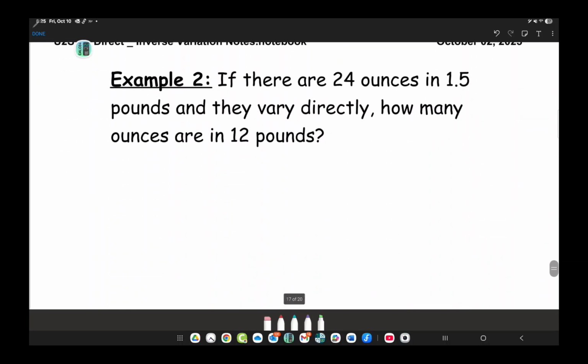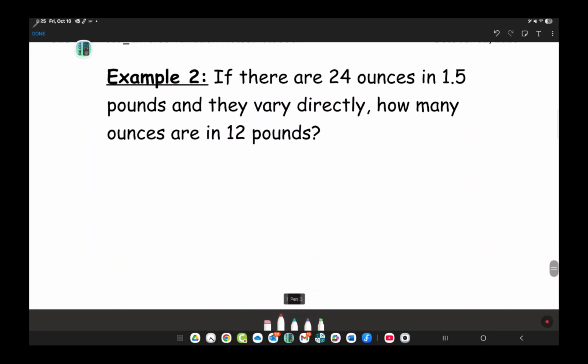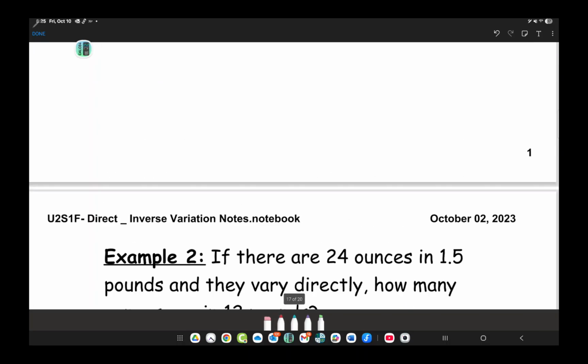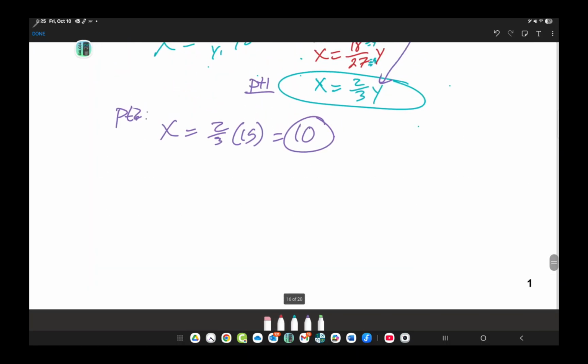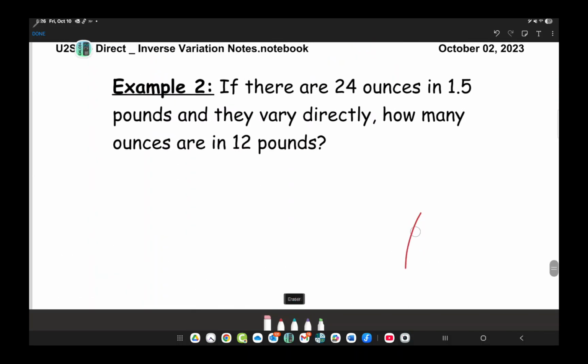Let's try another one of these. Here we have a word problem. So you have a word problem.